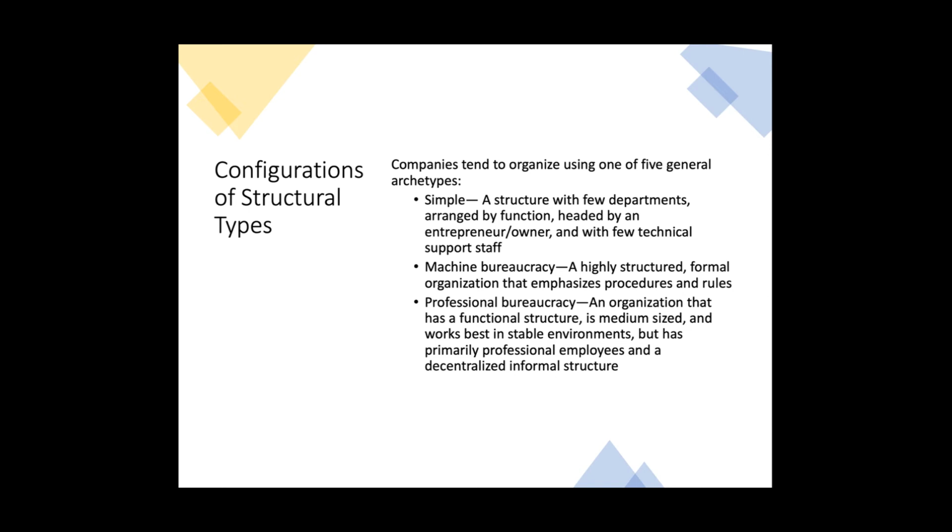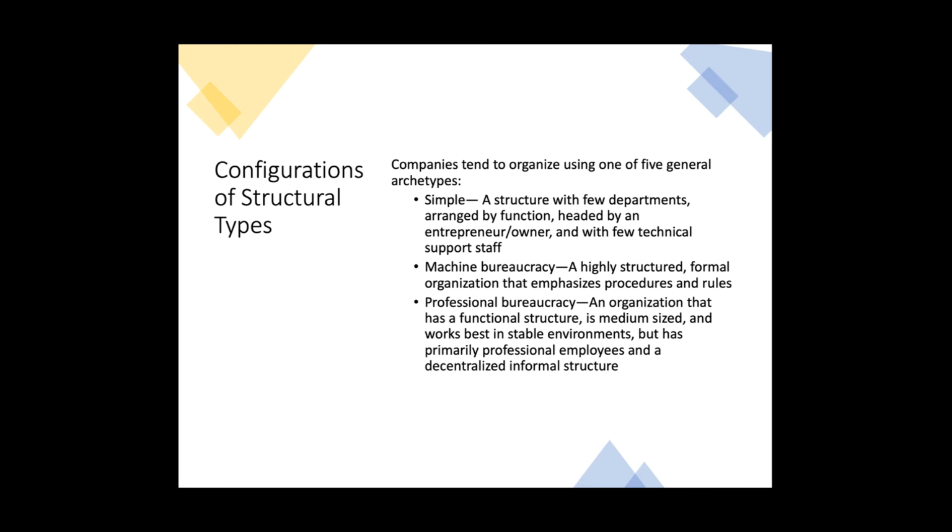So let's talk about some typical archetypes or examples of the types of structures that real-life contemporary organizations end up using. Number one is the simple structure. Simple structure, you can see it right there. Few departments, they're arranged by function, they're headed by the owner, very few technical support staff.